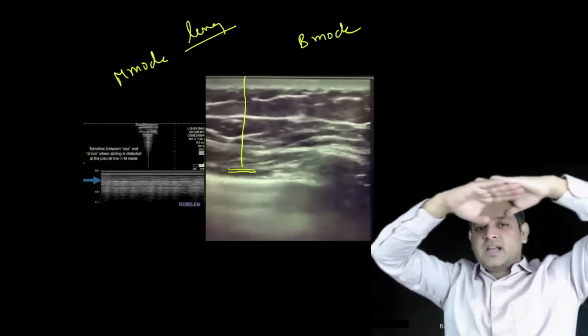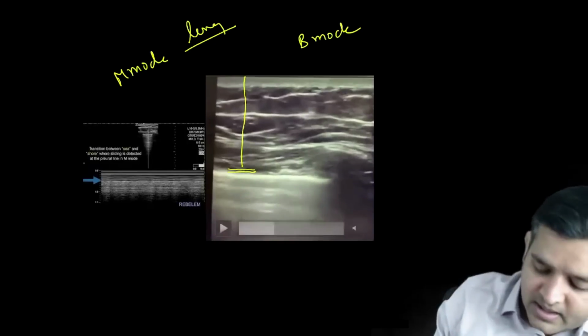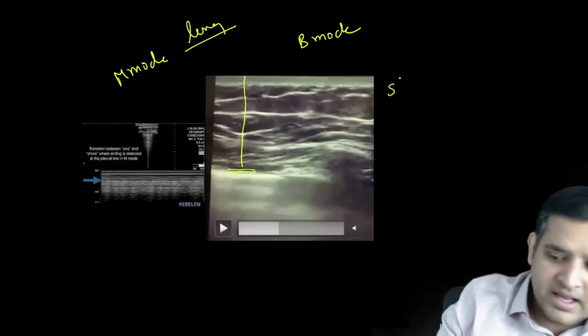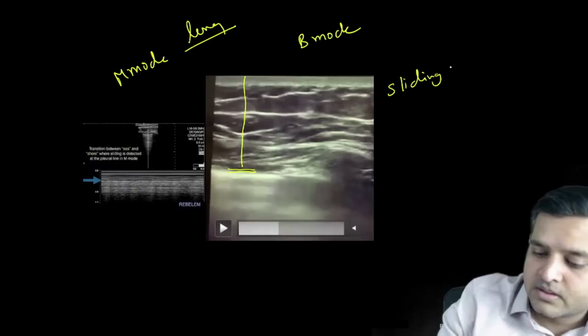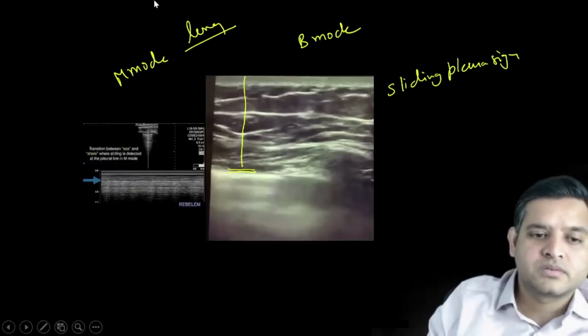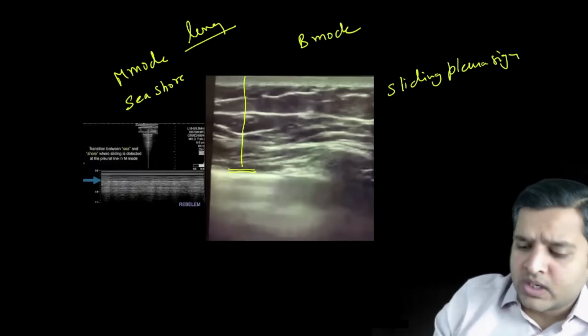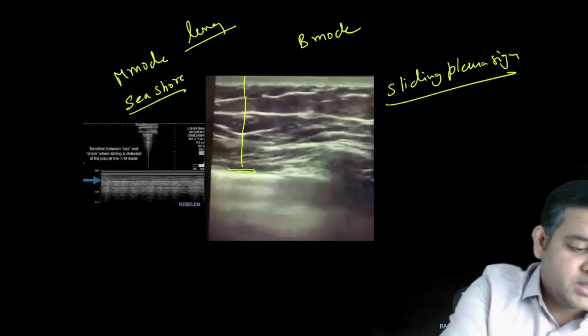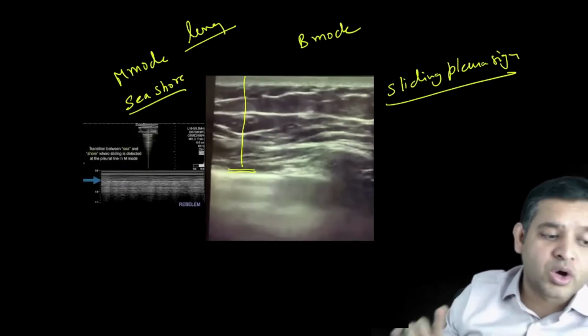When you do a real-time ultrasound, you can see the movement of the parietal pleura over the visceral pleura. I hope in this real-time ultrasound, you can see this movement, and this is what is called the sliding pleura sign, or a seashore sign. Now it is to be noted that both the signs are normal.